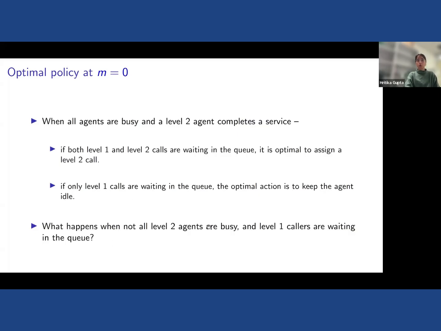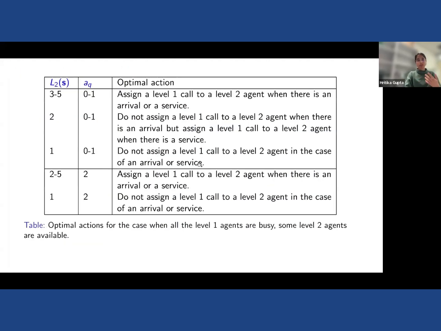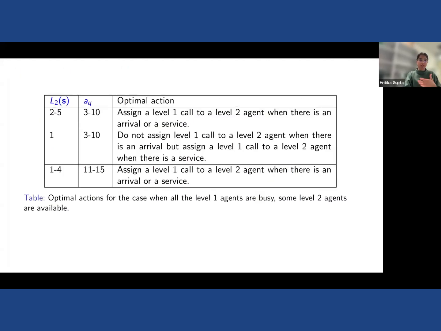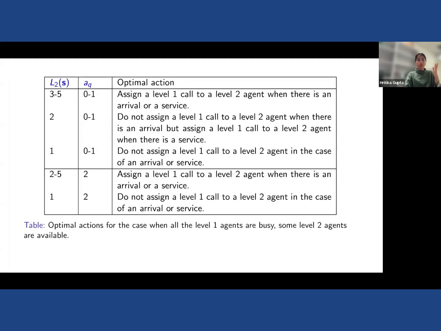What happens when not all level 2 agents are busy and level 1 callers are waiting in the queue? We already know that if both of them are waiting in the queue, the priority is given to level 2. But what happens if just level 1 callers are waiting in the queue and more level 2 agents are available? In that case, the optimal policy is actually quite complicated, given by the table here. I'm not going to go into the details of the policy.